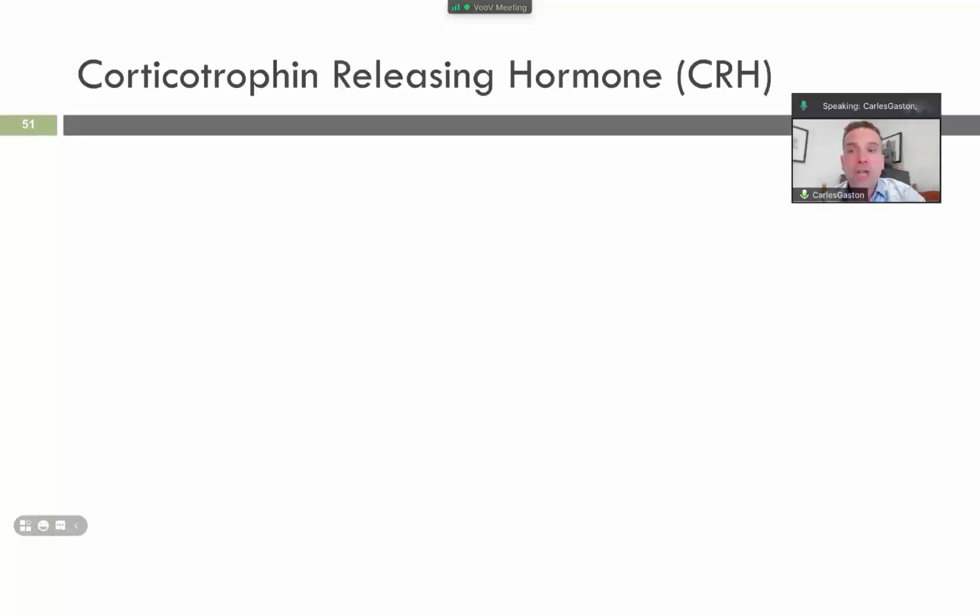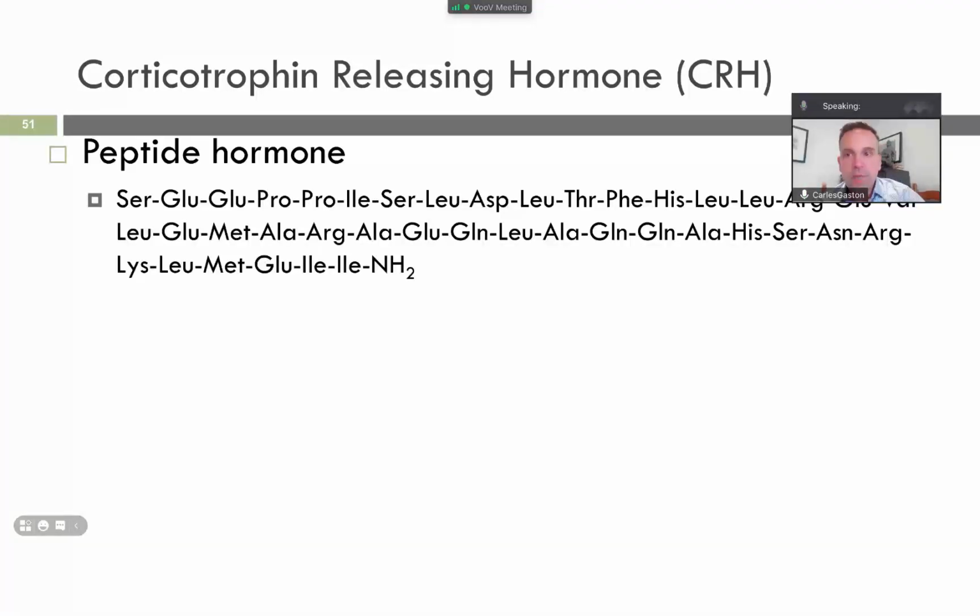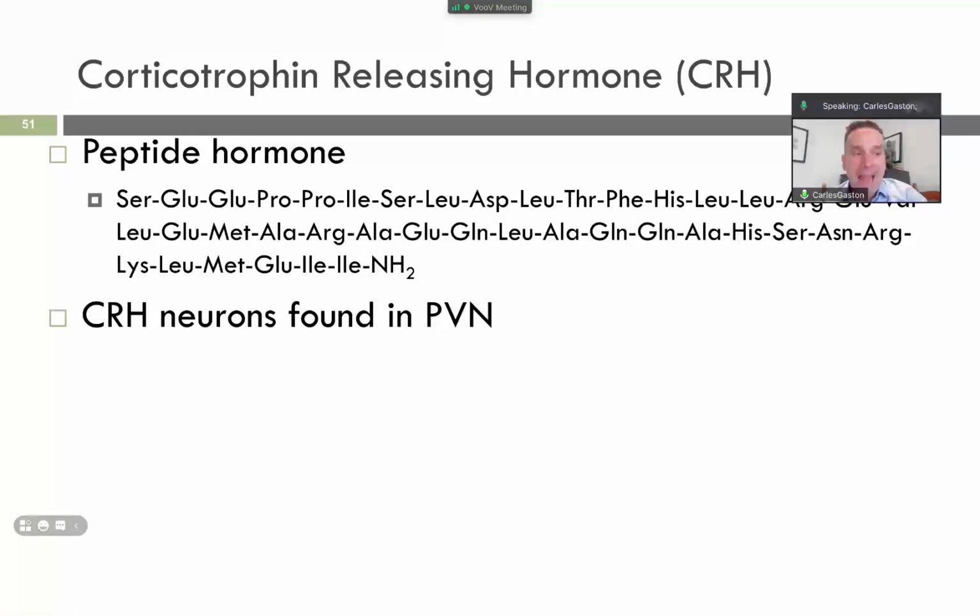So what about the corticotrophin releasing hormone, or CRH? It's a peptide hormone produced by the neurons of the hypothalamus. The CRH neurons are found in the paraventricular nucleus, or PVN, that we studied in the previous lecture.